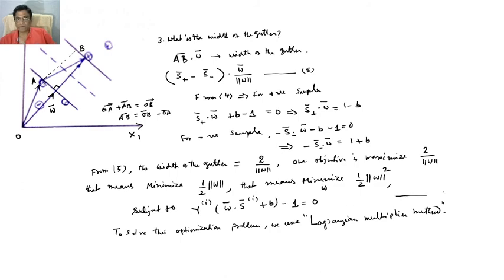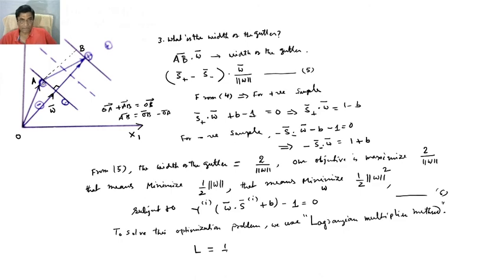So this is our problem, mark 6. We introduce a Lagrangian multiplier, say alpha, with every sample. This is my constraint. So I multiply the constraint by the Lagrangian multiplier, and first of all I formulate a Lagrangian function. How?